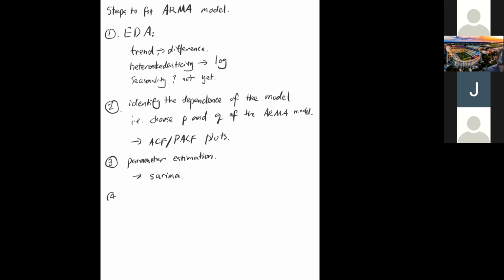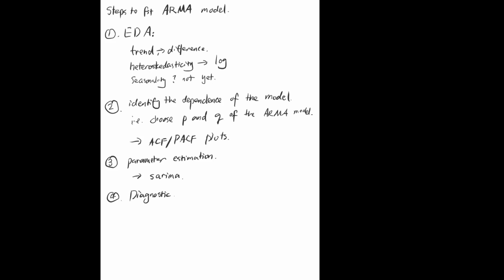The 4th step is the diagnostics, and there are a couple of things here. Number 1, coefficient significance. You can directly read the significance of your coefficients from the regression results.